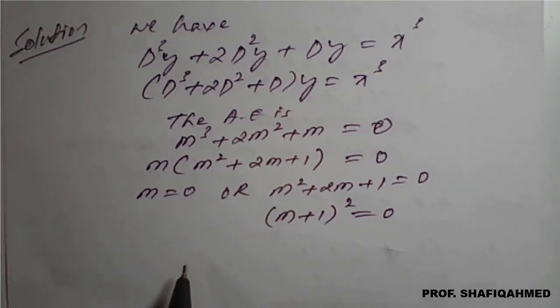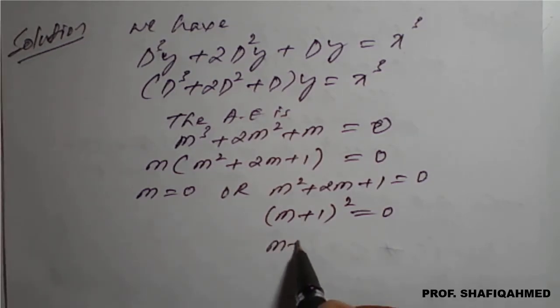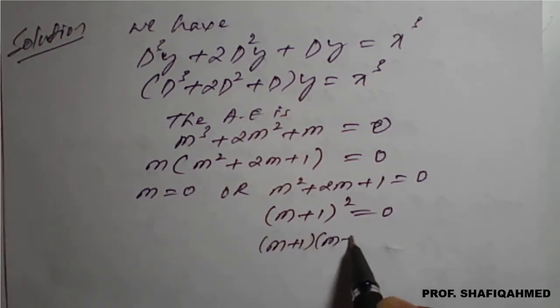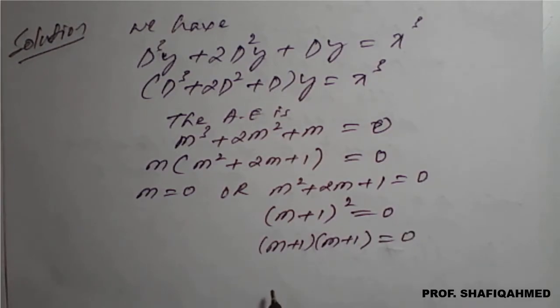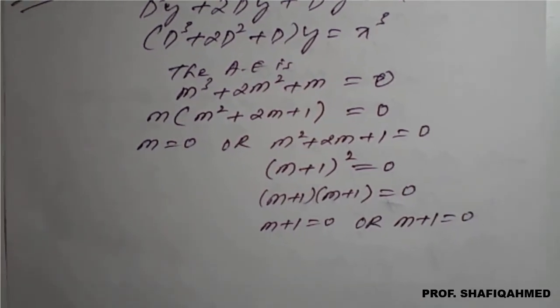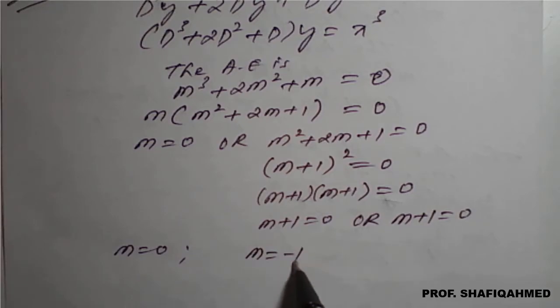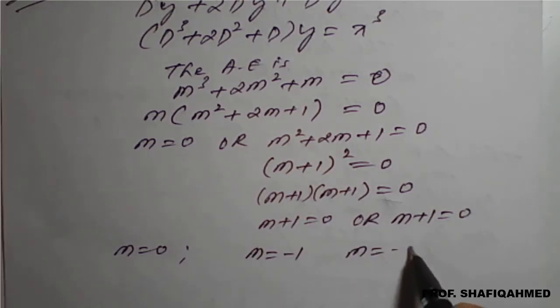Or this may be written as m plus 1 into m plus 1 equal to 0. So therefore m plus 1 equal to 0 or m plus 1 equal to 0. From this we have m equal to 0, and m is equal to minus 1 and m is equal to minus 1.